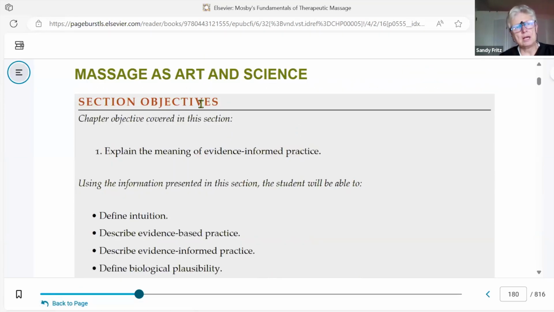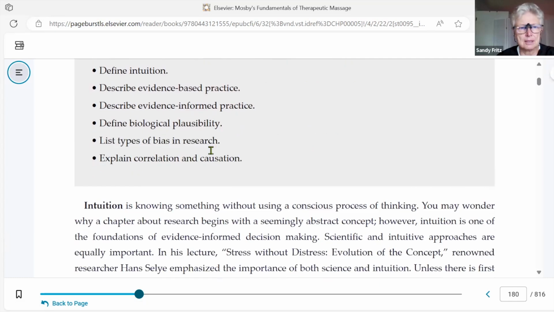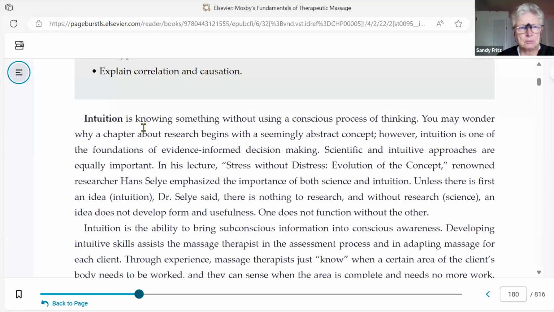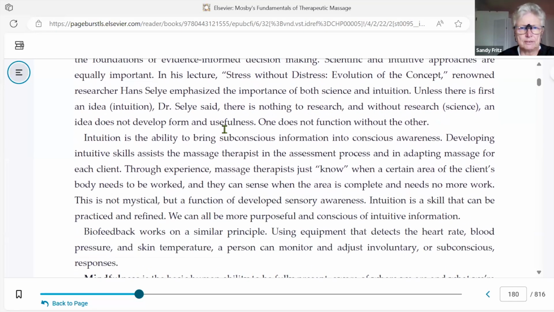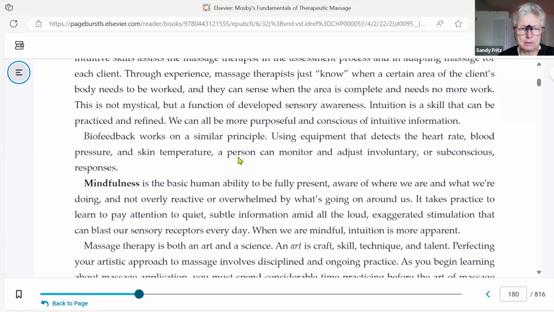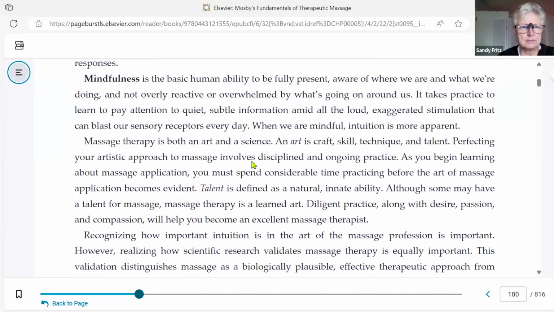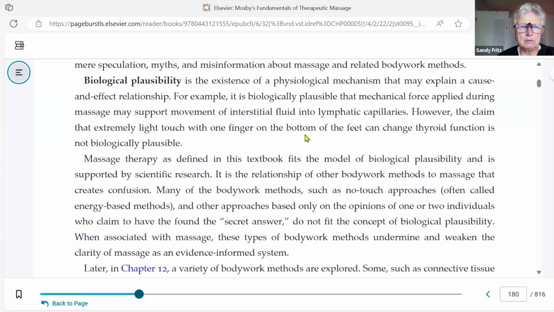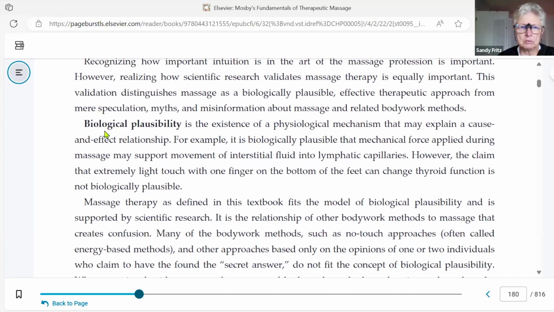So here's that concept of massage as an art and a science. And we want to honor the idea of intuition and the importance of mindfulness. But we also want to gauge what we are thinking about and doing in terms of biological plausibility.